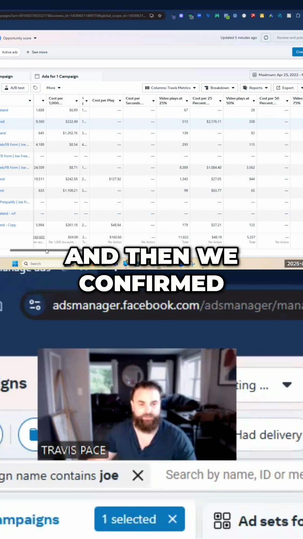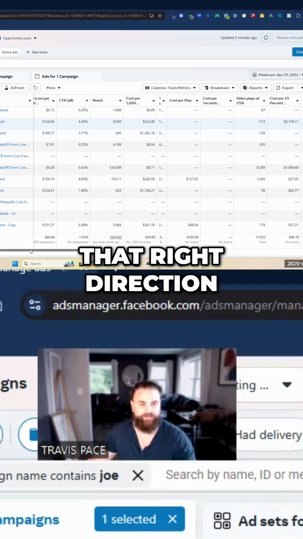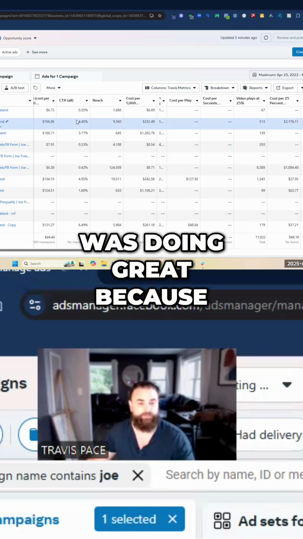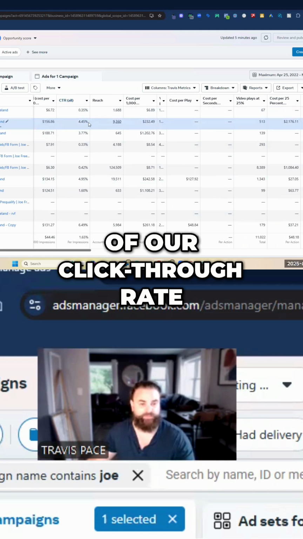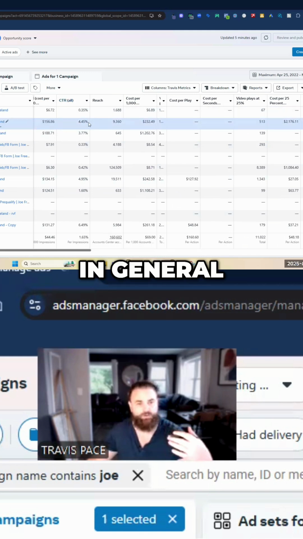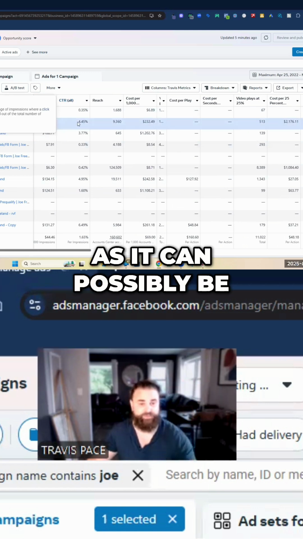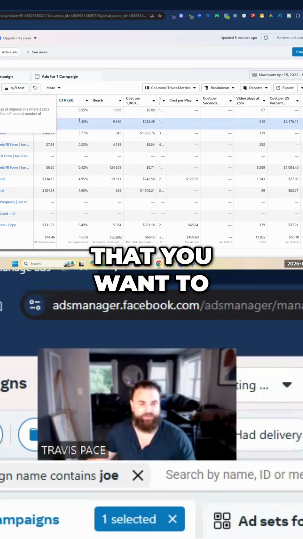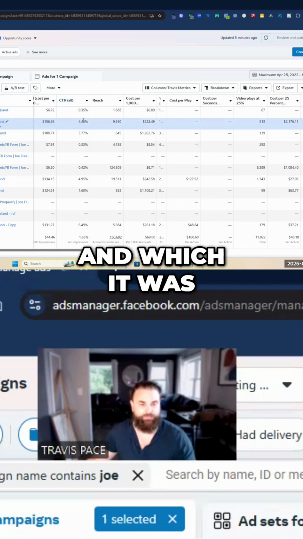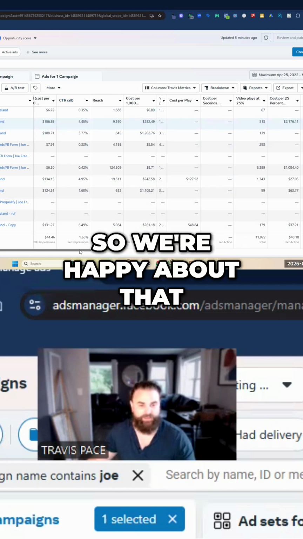And then we confirmed that that right direction was doing great because of our click-through rate. In general, you want this number to be as high as it can possibly be. This is a number that you want to go high, and which it was. So we're happy about that.